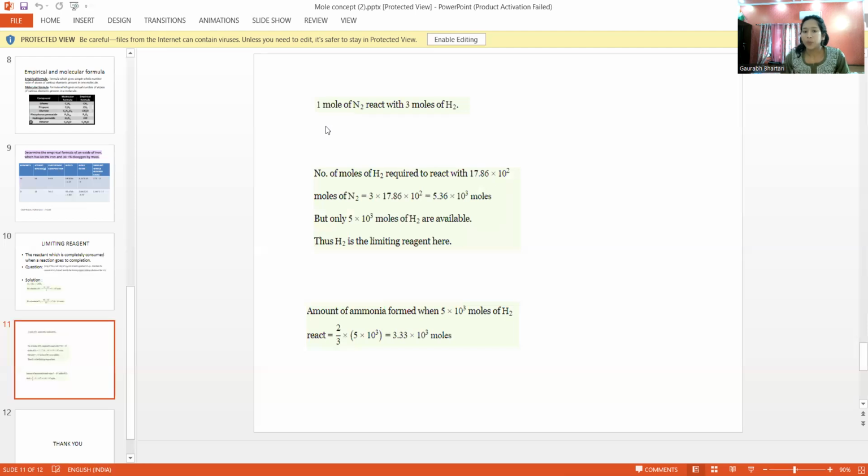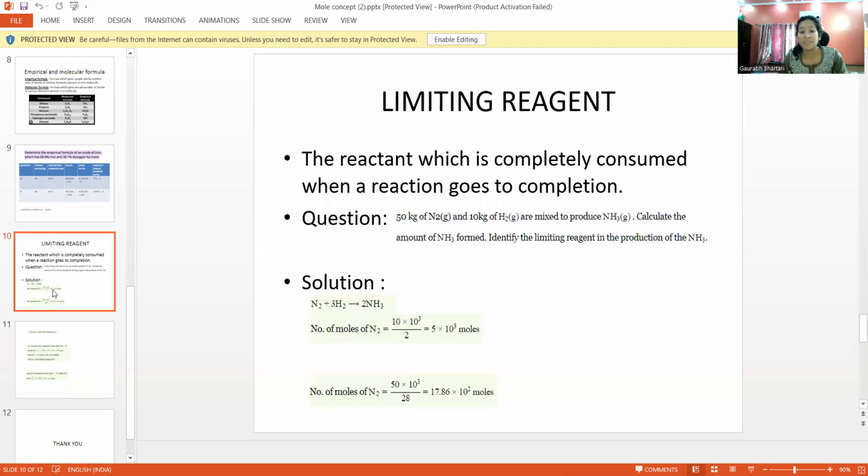Since 1 mole of N2 reacts with 3 moles of H2, the number of moles of H2 required to react with 17.86 into 10 raised to the power 2 moles of N2 would be obtained by multiplying this with 3, and we get 5.36 into 10 raised to the power 3 moles. But if you look at the previous slide, the number of moles of hydrogen is 5 into 10 raised to the power 3.